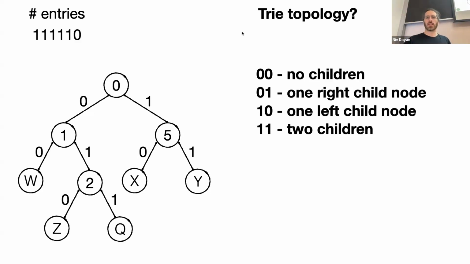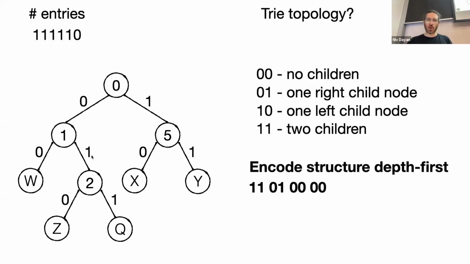So 0, 0 will mean an internal node with no children that are also internal nodes. 1, 1 will mean a node with 2 children that are also internal nodes. And then you can have a 0, 1 or 1, 0, which indicate that either your right or left child is an internal node. And then we're going to lay this out in a depth first order of the internal nodes.